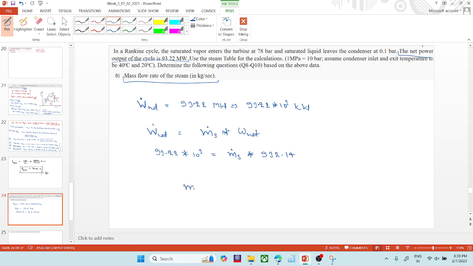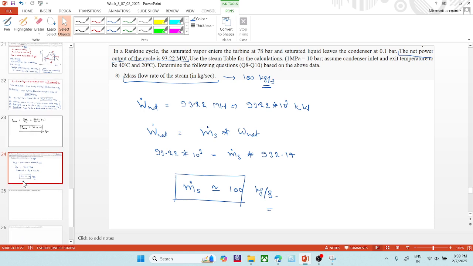So from here we'll get the mass flow rate of the steam is around 100 kg per second. This would be the answer for this problem.